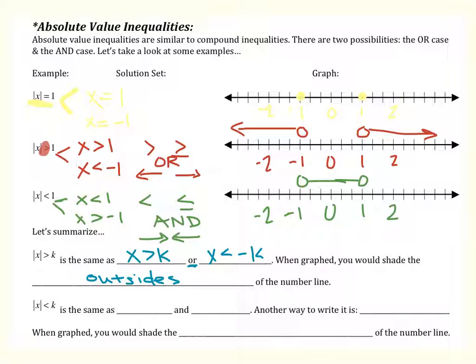If you have the absolute value of x is less than k, that's the same as x less than positive k and greater than negative k, and you would shade the middle. But if you have an and inequality, you can put it into one inequality. So you could write this as negative k is less than x, which is less than positive k, just like that.